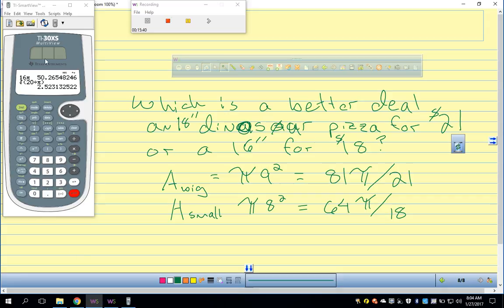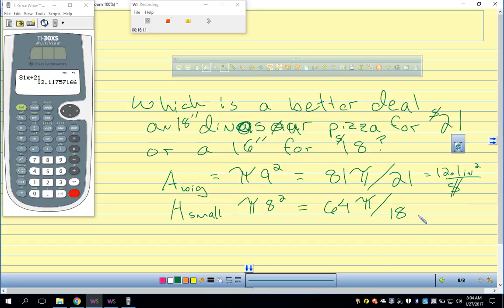So let's do it right here with my handy dandy calculator. 81 pi divided by 21 equals 12.1 inches squared per dollar.